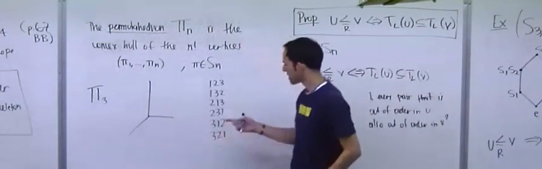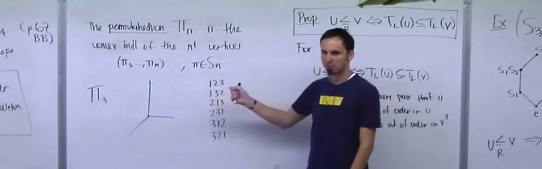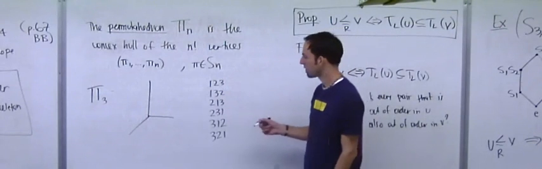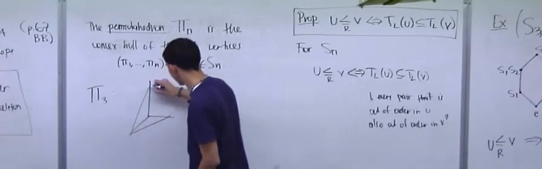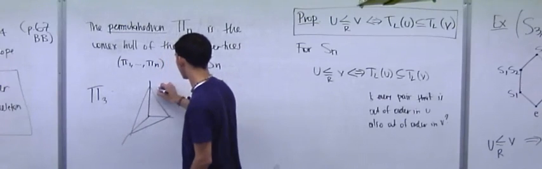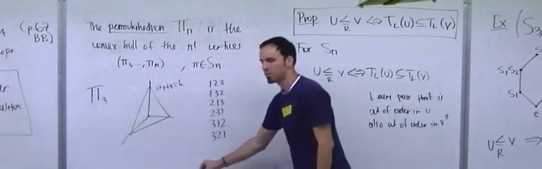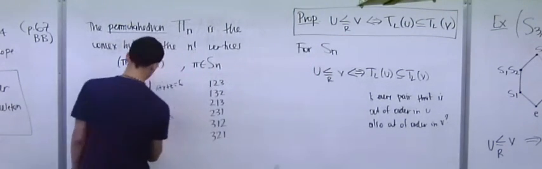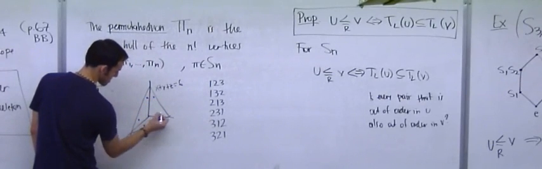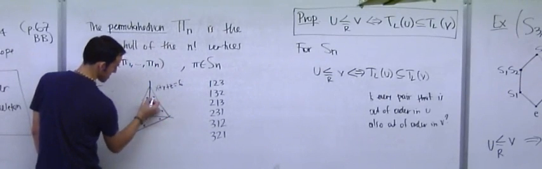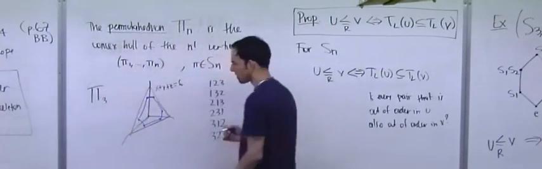The reason you shouldn't worry is that these 6 points are all on the same plane, x plus y plus z equals 6. That plane looks something like this. And if you plot these 6 points, they're going to look something like this. And there's your hexagon.